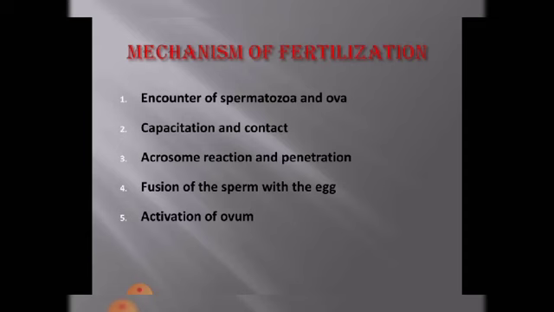You already know the structure of a sperm, where the acrosome is present, and how the sperm penetrates into the egg. Then the fusion of sperm with the egg, and at last the activation of the egg. These are the mechanisms of fertilization which we'll see later in detail.